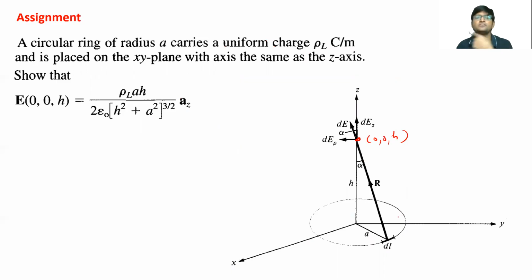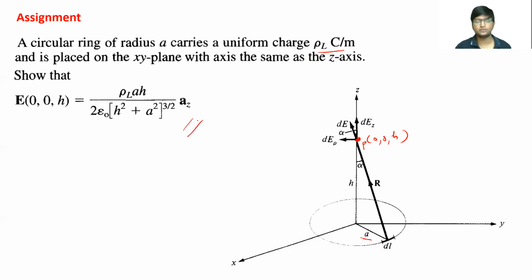It is a ring which is circular in the xy plane, having a line charge density of rho l, and you will have to calculate the electric field at a particular point. Let me call it P, having the value 0, 0, h, and the radius of this ring is a.